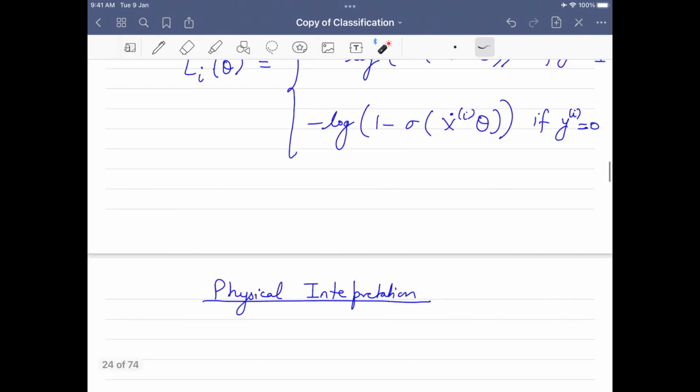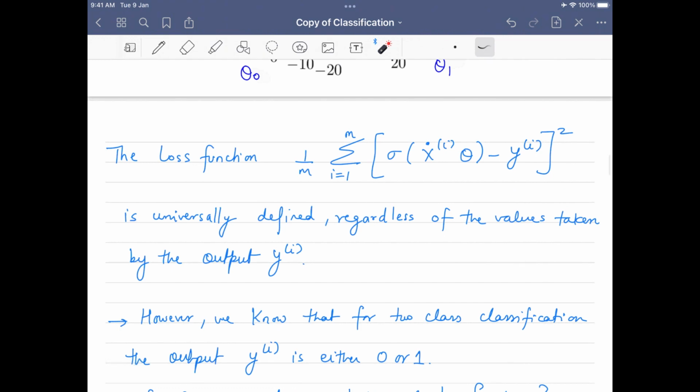Earlier we were using this one, which we were motivated to use through the linear regression loss function. If you recall, this is similar to the linear regression loss function, except that the sigma was not there. Right now we were trying to use sigma on top of it, and implement the cost function that we derived from linear regression onto the classification setting also.